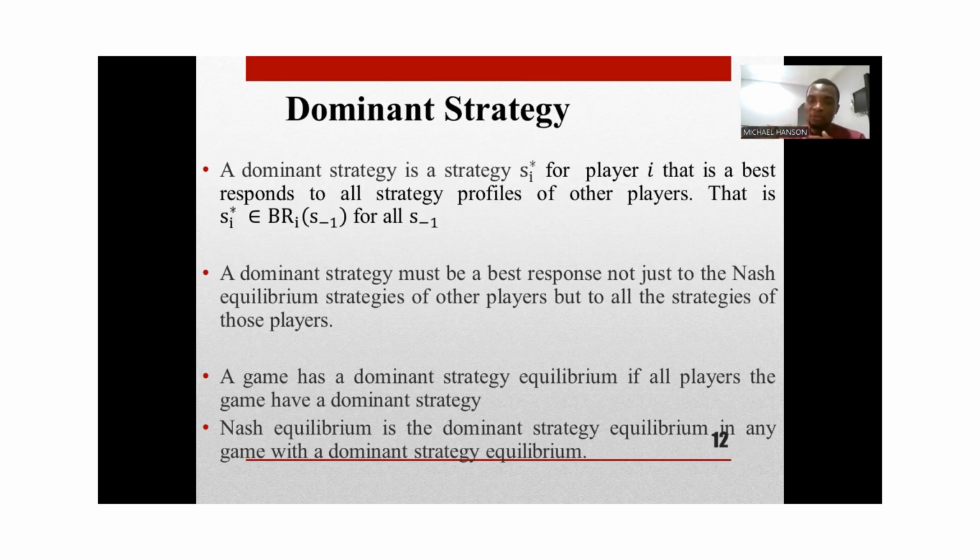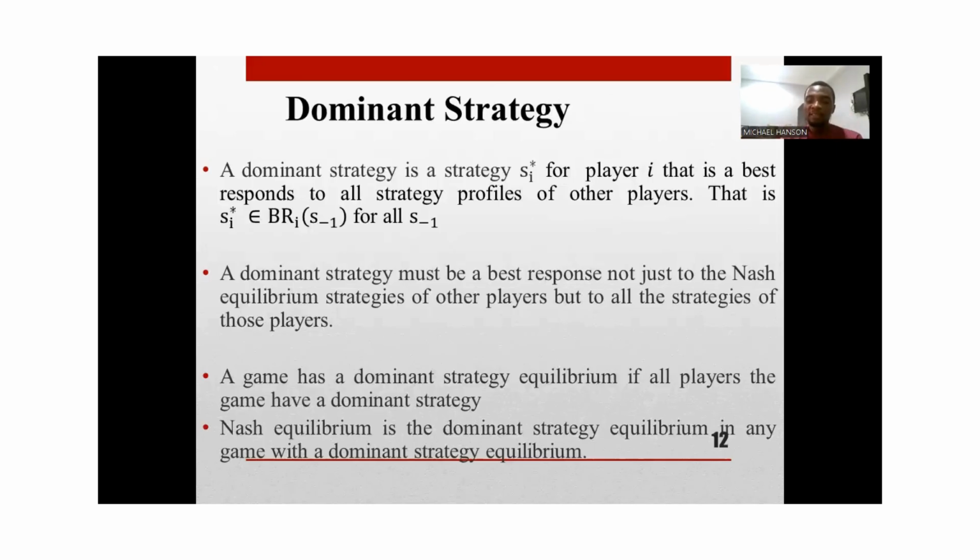We talk about those exceptional cases where there are no dominant strategies, but there has to be a Nash equilibrium. And there are situations where we have two or more dominant strategies. The dominant strategy doesn't have to be one. We'll talk about those exceptional cases, but the ideal situation is that there has to be a dominant strategy for a player.